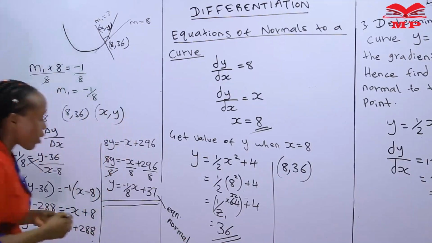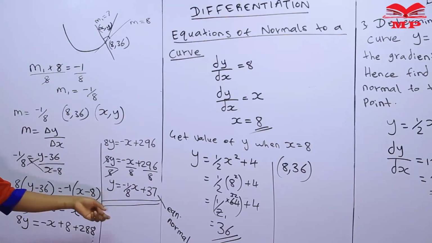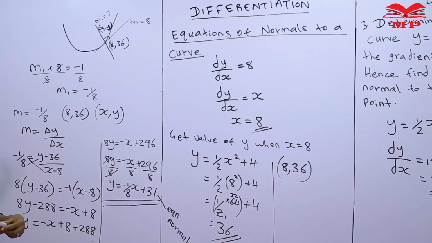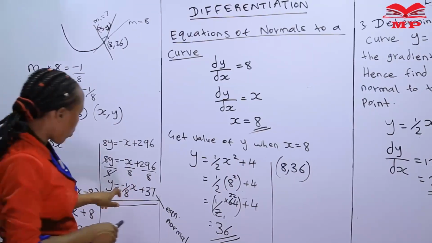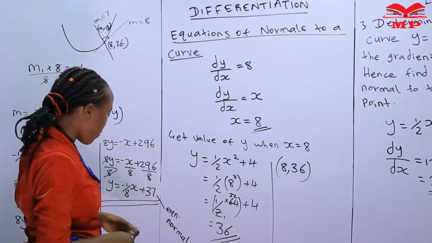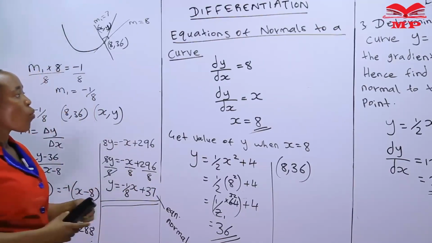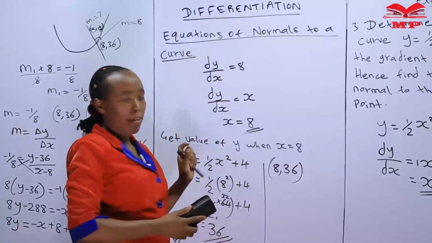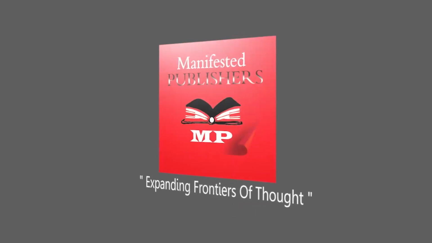We can see clearly that the gradient is -1/8, which is the same as the gradient of the normal. So our equation, y is equal to -1/8 x plus 37. And that's how we find the equation of the normal to a curve.